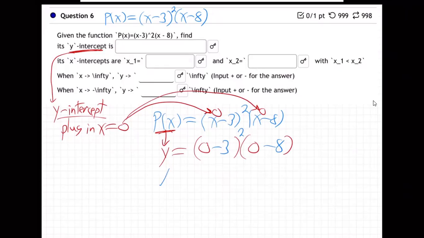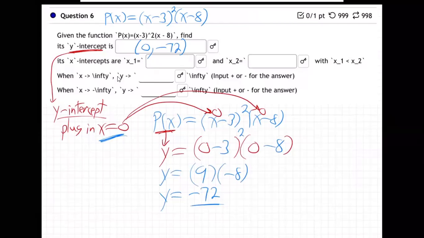This is going to be 9 times −8, which is −72. So therefore, now this is a point: x is 0, y is −72. So they want the whole point. Whenever we do a point, we have to do parentheses, x value, comma, y value.